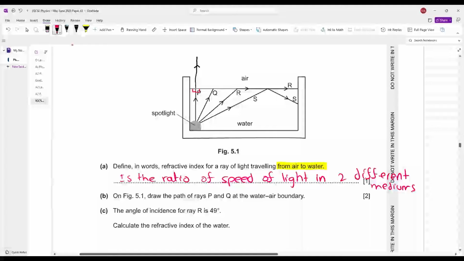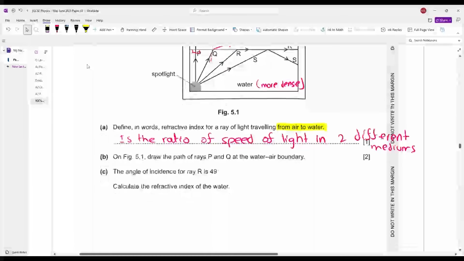Now for Q, let's make a normal first of all like this. Can you realize you are traveling from water which is more dense into air which is less dense? जब आप more dense material से less dense material की तरफ जाते हो बेटा तो क्या होता है? Your ray refracts away from the normal like this.